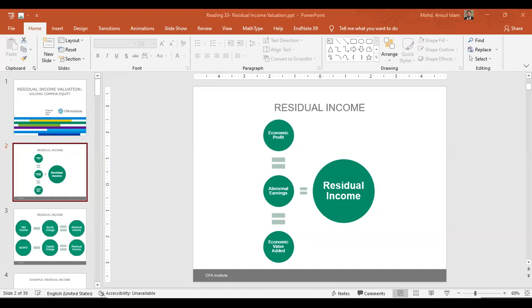But the earnings is the last number in the income statement, so that is likely to be affected by what is happening in the income statement throughout the stages as you move from sales to earnings. So compared to price to earnings, price to sales is more stable.